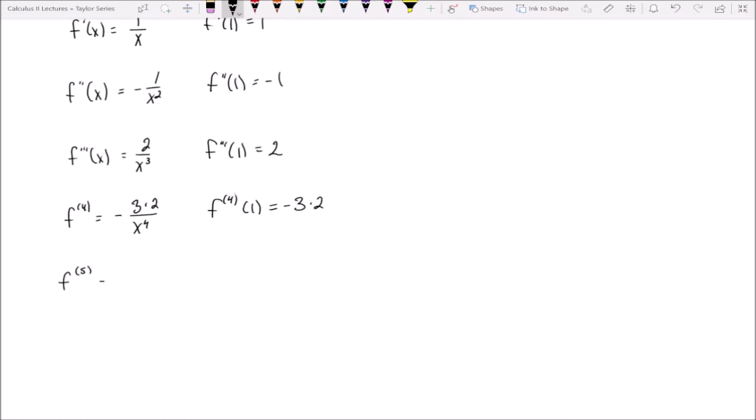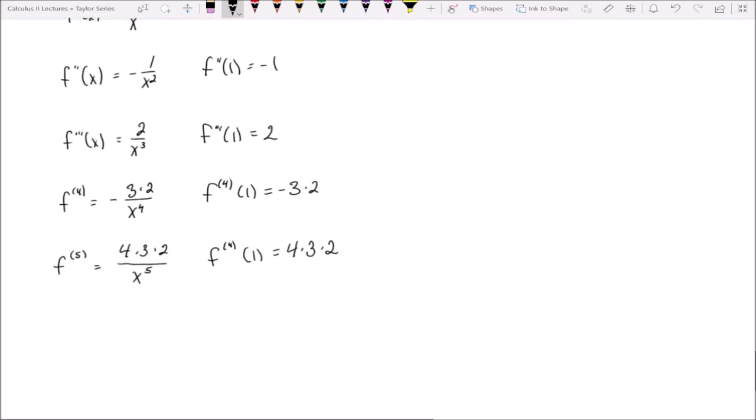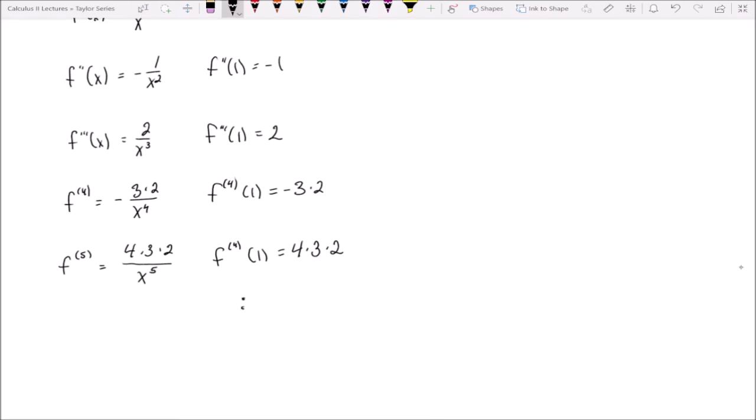Fifth derivative, 4 times 3 times 2 over x to the fifth. So evaluated at 1 is 4 times 3 times 2. If we continue on, what we find is that the nth derivative evaluated at 1 is negative 1 to the n minus 1, right?